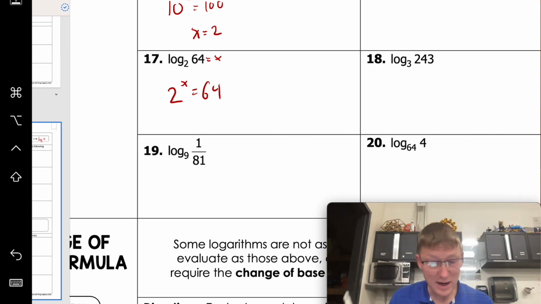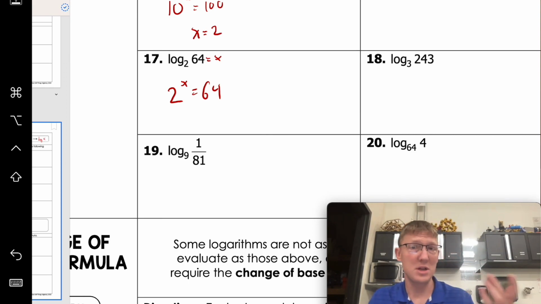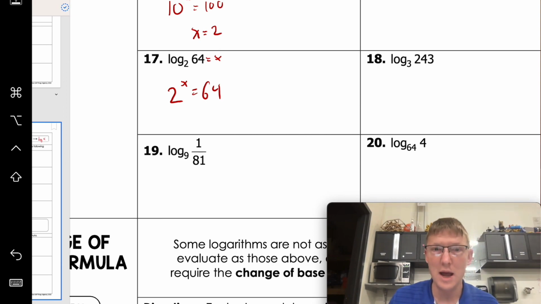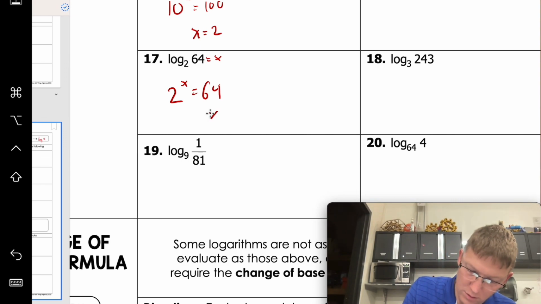This is where I would just use my calculator. You can even put it into y equals mx and make a chart. That might be easier. Once you figure out that 2 to the 6th power is 64, x equals 6.